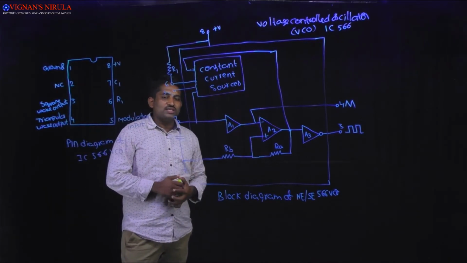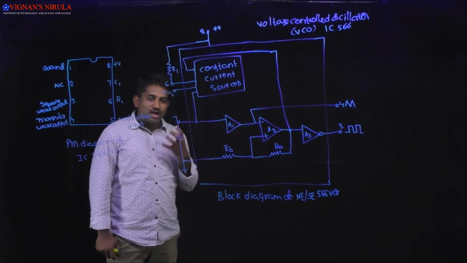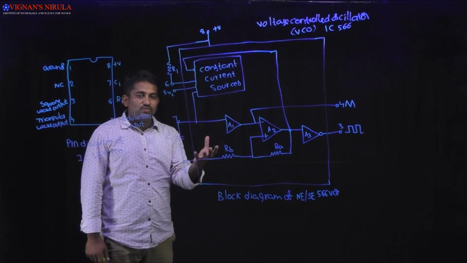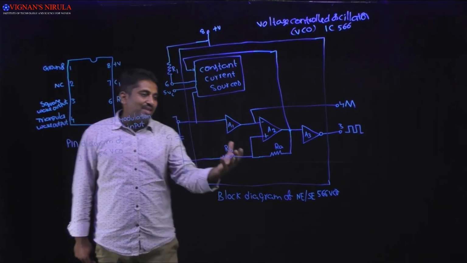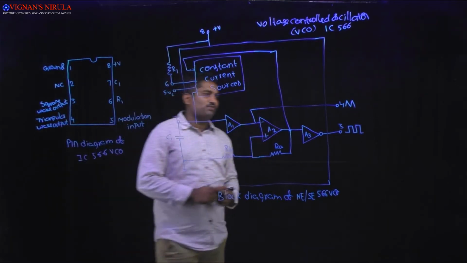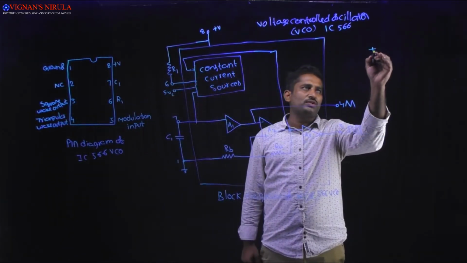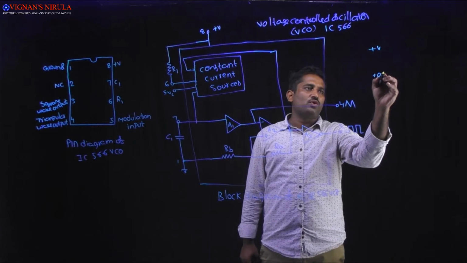Now listen carefully to understand the operation of this VCO. First we are going to design the output of the Schmitt trigger to swing from plus V to plus 0.5 volts.